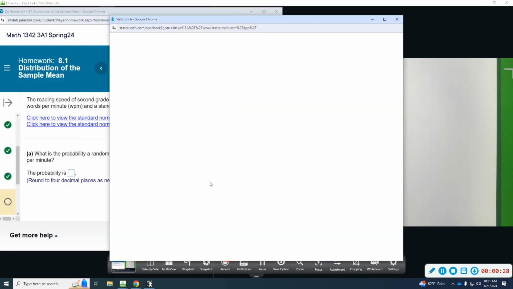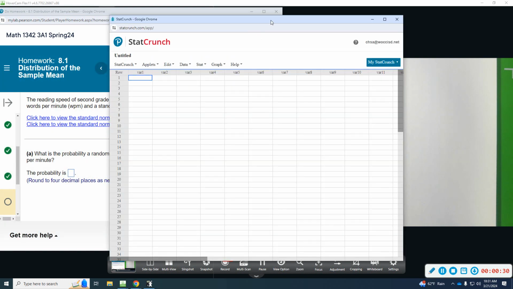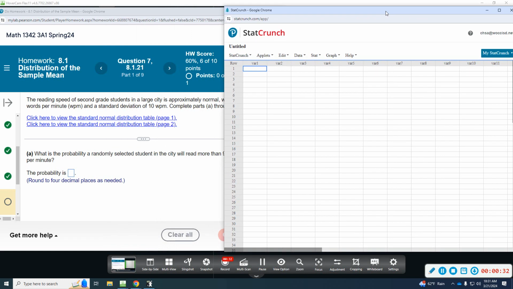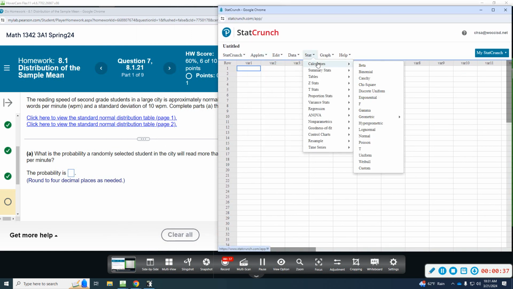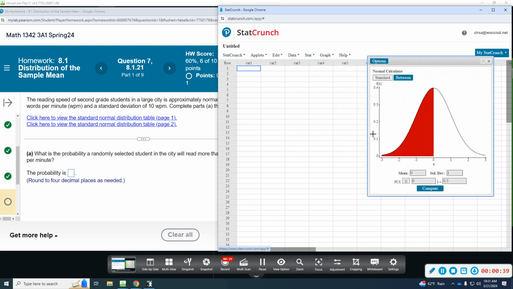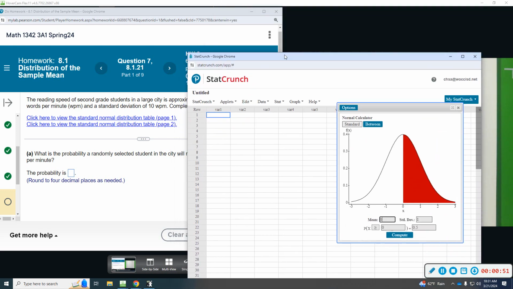So StatCrunch, more than 97 words per minute. We are going to go to Stat, Calculators, Normal, Standard. We're going to do greater than. We are going to use our mean of 92.